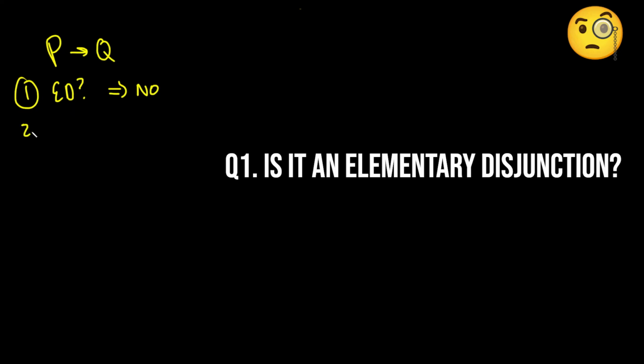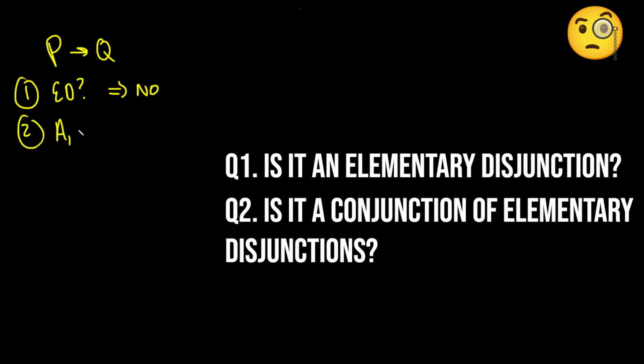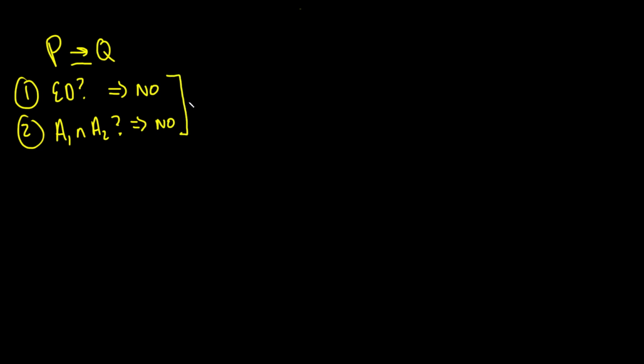The second question would be, well, is this formula a conjunction of elementary disjunctions? The answer to that is also no. This formula is not a conjunction at all. Notice that there is the sign for conditionality right there. And so this is a conditional rather than a conjunction. And so from this fact, we can conclude that this formula is not in conjunctive normal form.